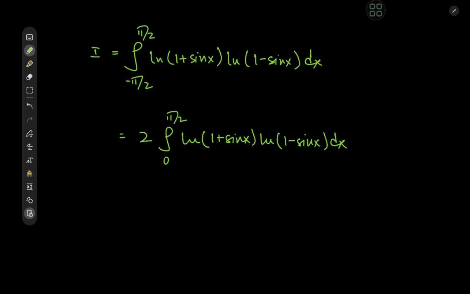Well, recall that twice a product, that is 2ab, equals (a plus b) whole squared minus (a squared plus b squared).